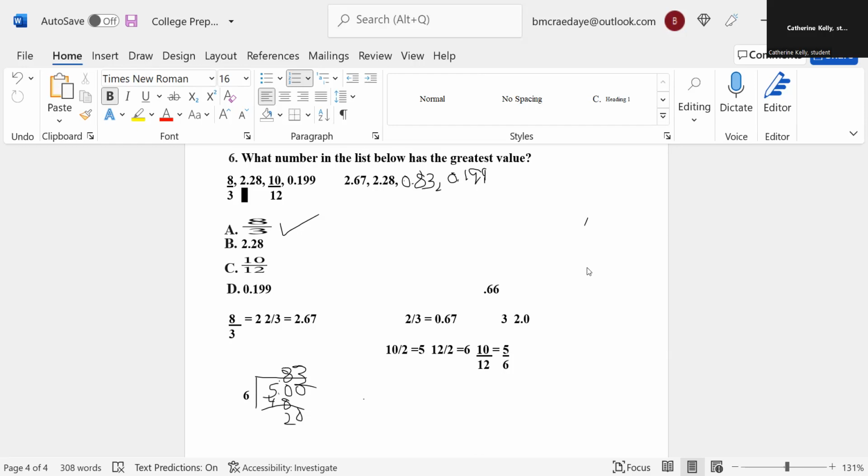It says your microphone is on mute. Your video is stopped. So you can't see the screen. I can still hear you.